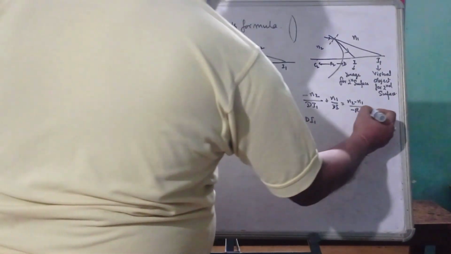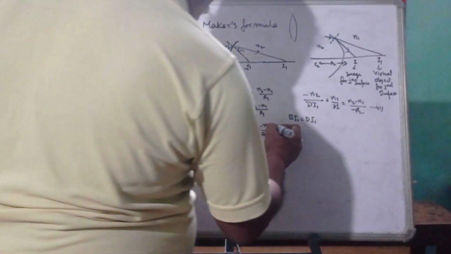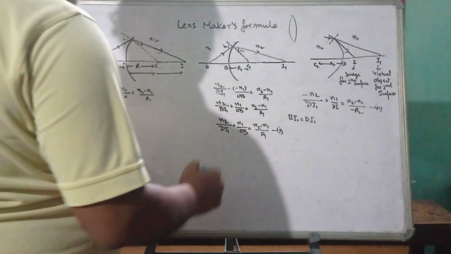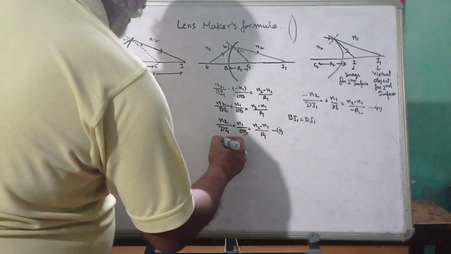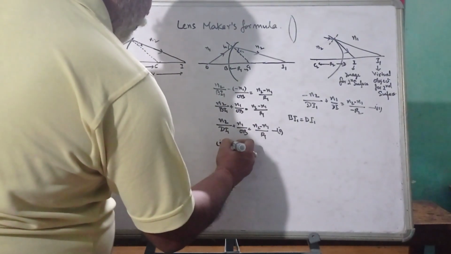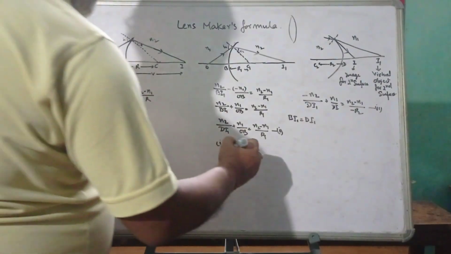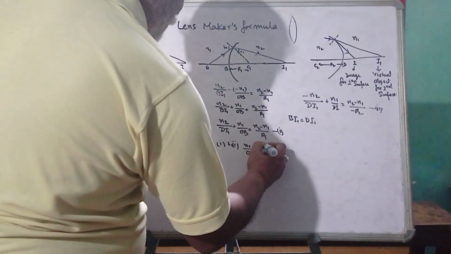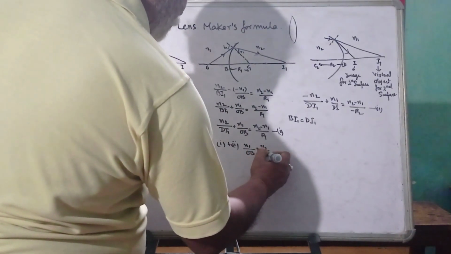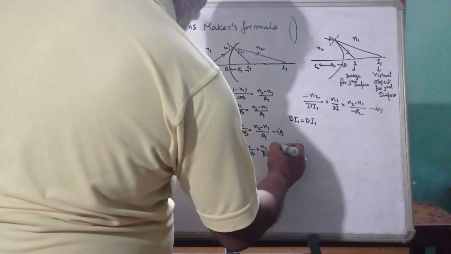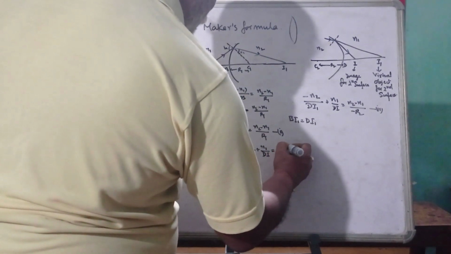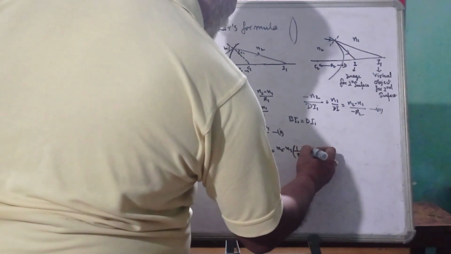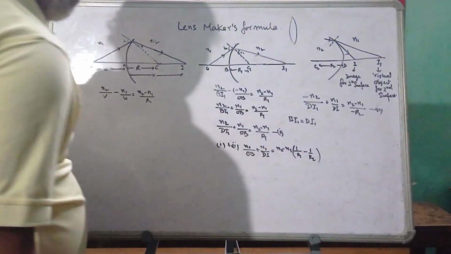Now if we add these two equations, 1 and 2, this and this cancel out, and we get N1 by OB plus N1 by DI, which is equal to N2 minus N1 common, times 1 by R1 minus 1 by R2. We are going to get this.